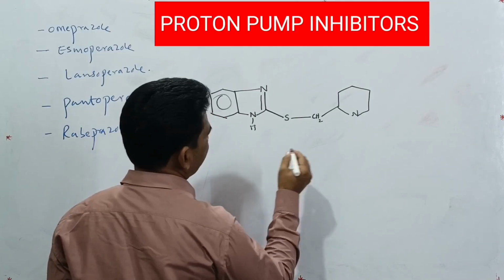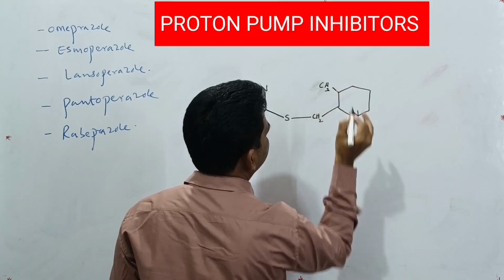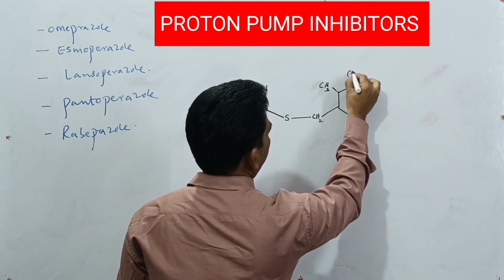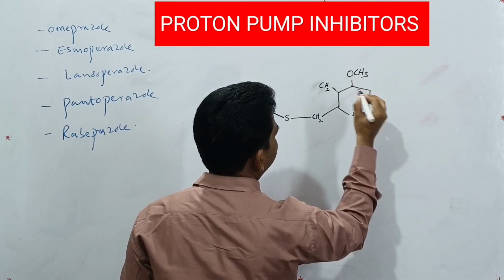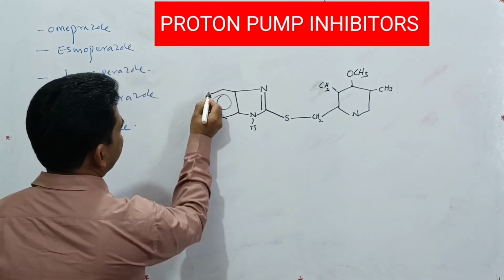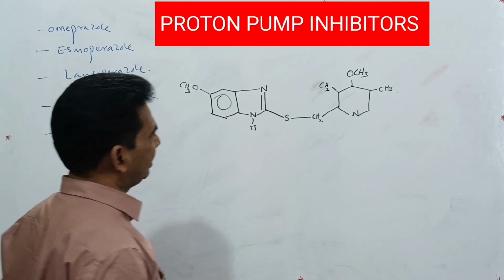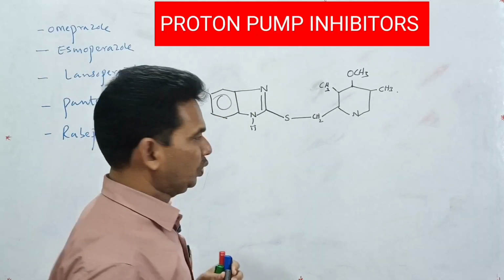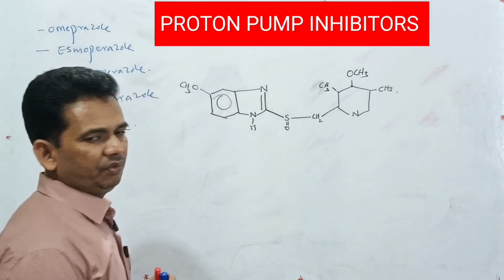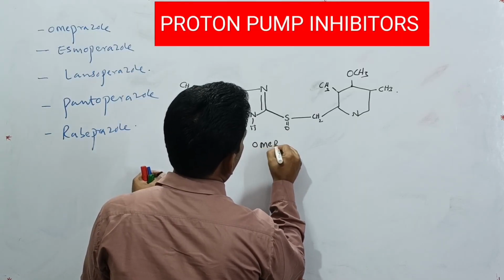This pyridine has the methyl group opposite to this nitrogen. Here it has the methoxy group, that is OCH3. Here another methyl group. At the fifth position of the benzimidazole also, it has the methoxy group. This is the structure of omeprazole. Here it has the sulfoxide group. Okay, this is called omeprazole.